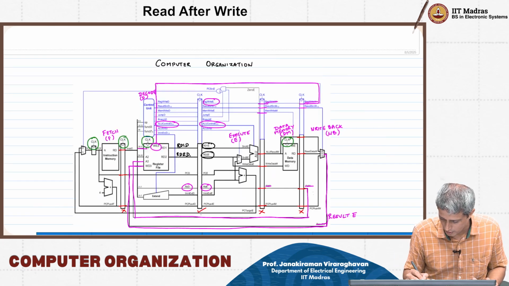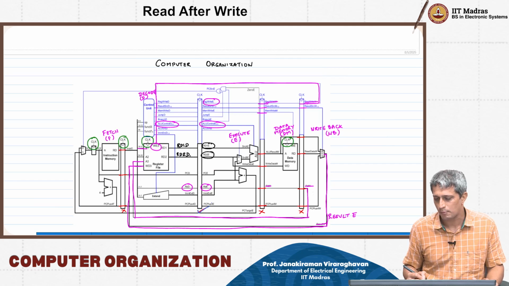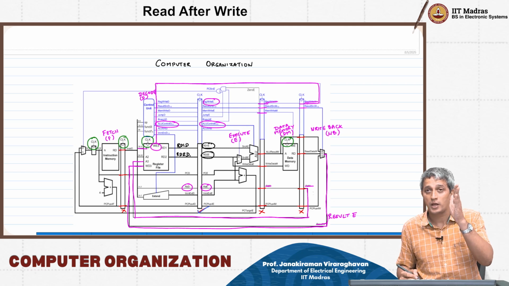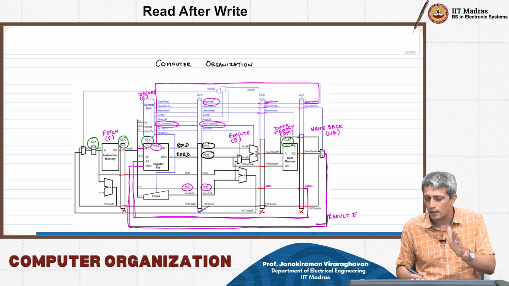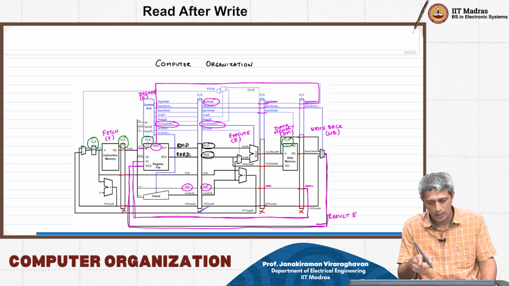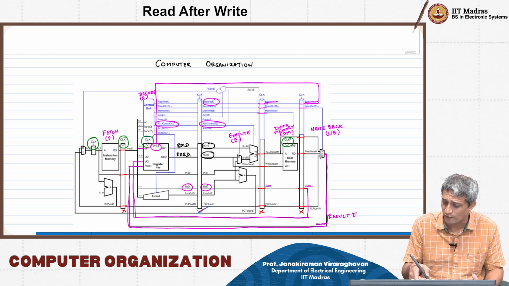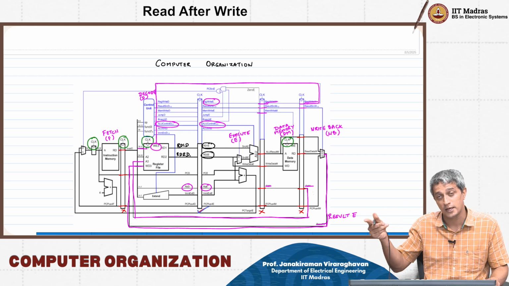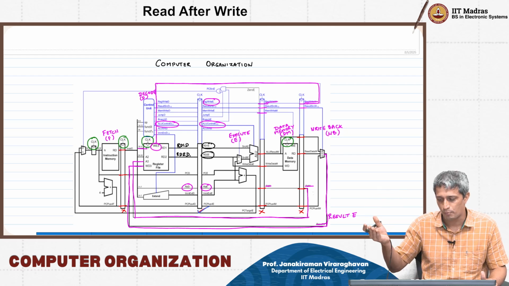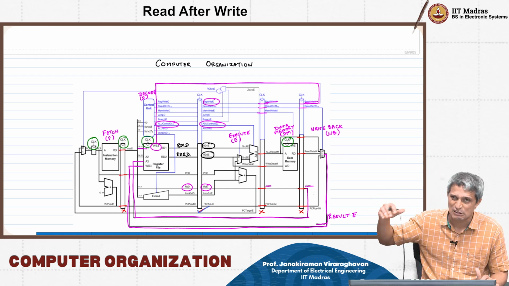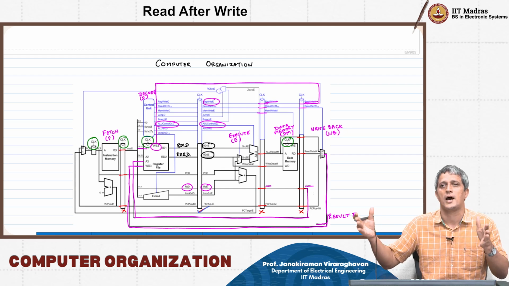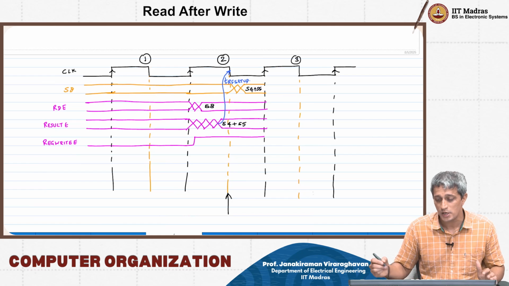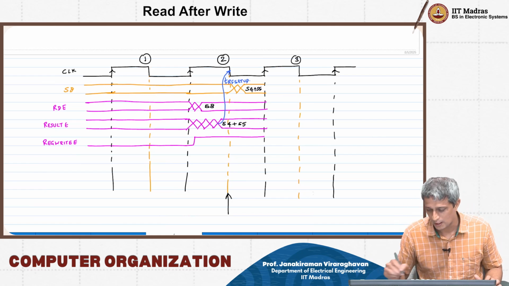So it will take TPCQ for the RD1E to be ready, then TALU, and in fact there is a TMUX before that. So there is a TMUX, TALU, then there is a data memory which can be bypassed, and then one more TMUX. So all this, plus TRF setup, has to happen within a half clock cycle if you want this to be a successful operation, right?